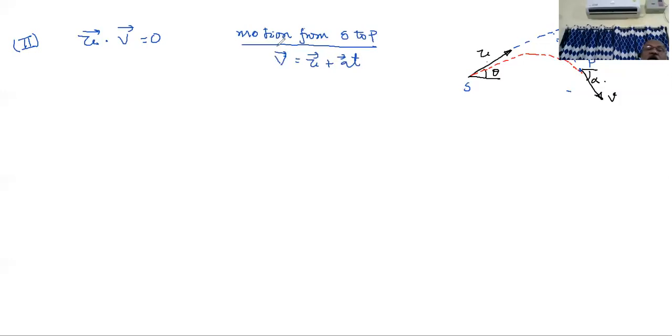Final velocity vector must be equal to initial velocity vector plus acceleration vector into time. Next step, we know that V vector will be equal to U vector plus the acceleration which controls the entire planetary motion.